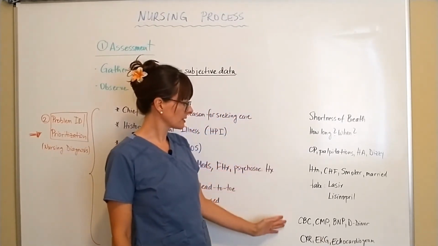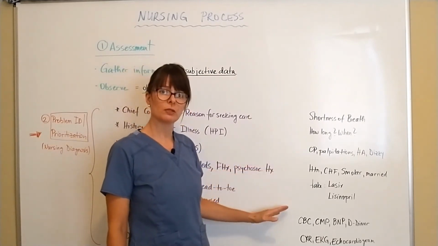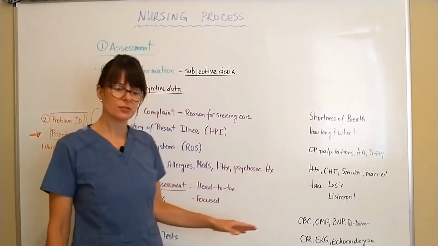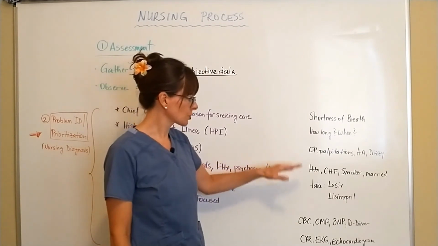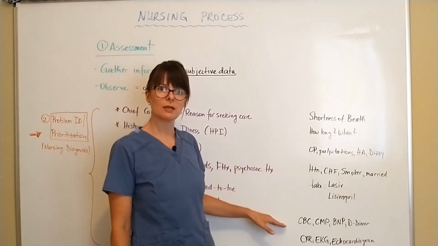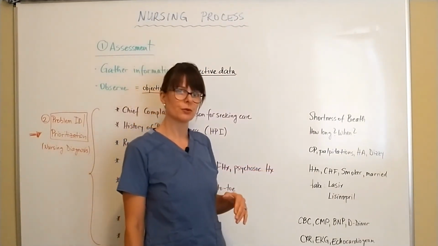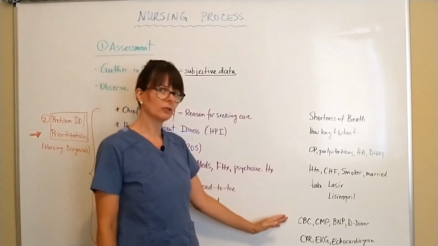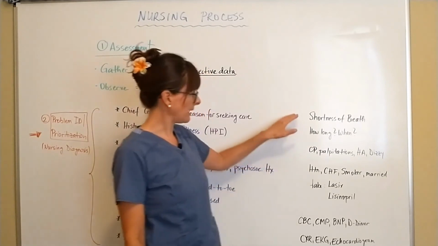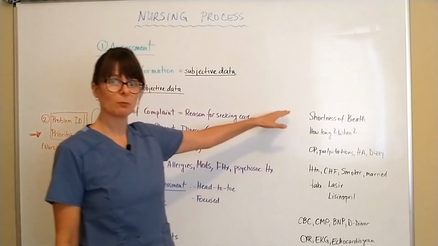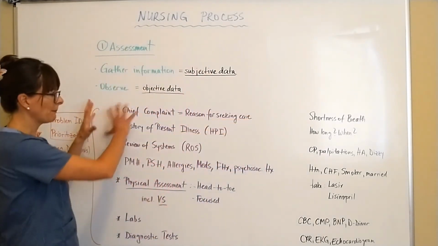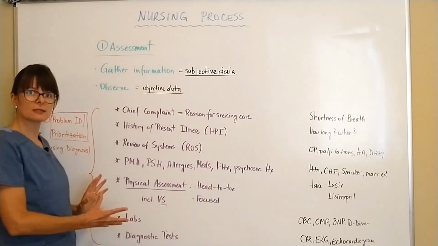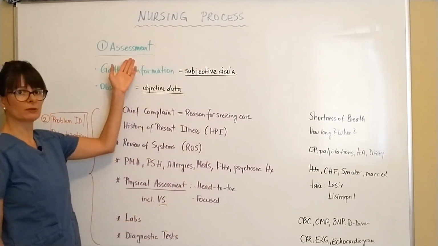Now, if this here is a little bit too complicated for you, depending on where you are in your nursing career, don't worry about it. You'll start making these connections as you move on and through your nursing program. But the important part here is that we need to look at all these details and refer it back to the patient's chief complaint or reason for seeking care, but to really take all this into consideration in the assessment phase.